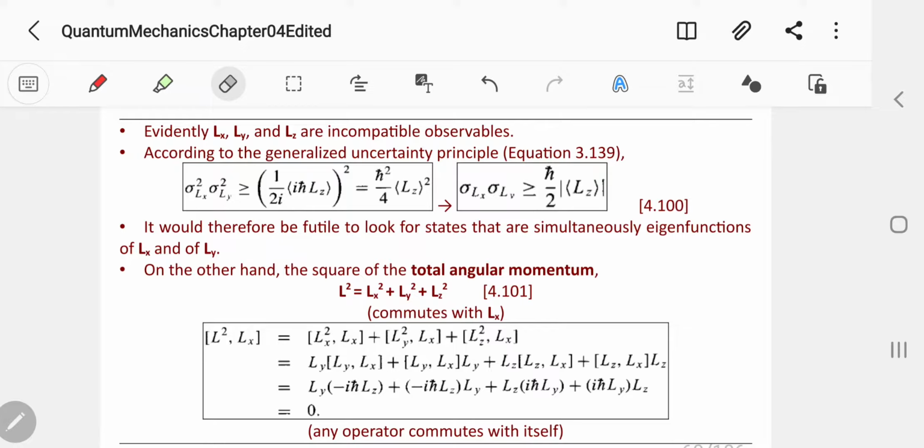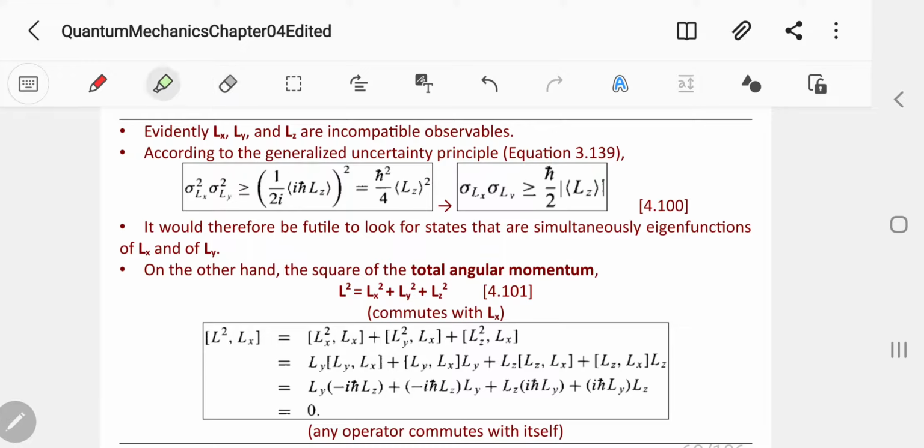So it would be futile to look for states that are simultaneously eigenfunctions of Lx and Ly, because their commutator is not a constant. They affect the third component of the momentum.